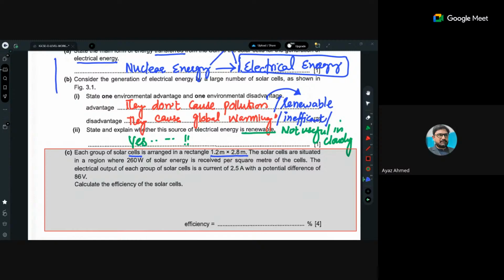The solar cells are situated in a region where 260 watt of solar energy is received per square meter. The electrical output of each group of solar cells is 2.5 ampere with a potential difference of 86 volt. Calculate the efficiency of the solar cell.